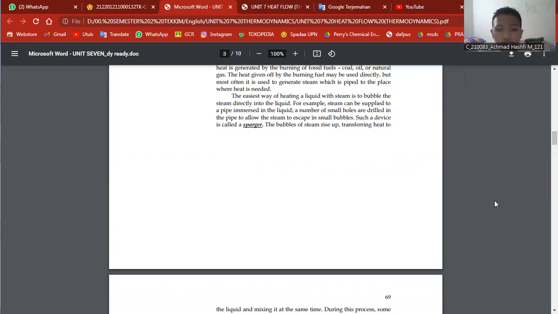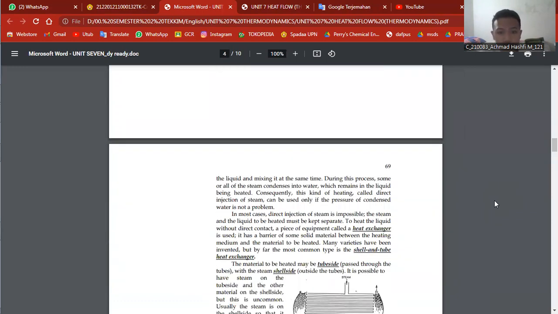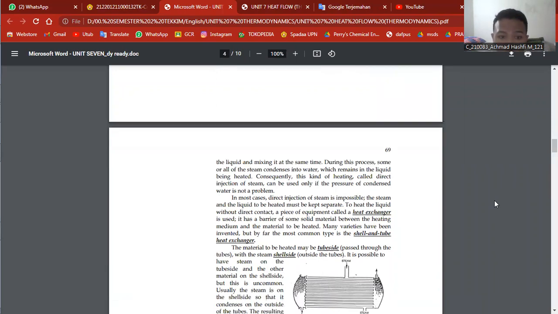The bubbles of steam rise up, transferring heat to the liquid and mixing it at the same time. During this process, some or all of the steam condenses into water, which remains in the liquid being heated. Consequently, this kind of heating, called direct injection of steam, can be used only if the presence of condensed water is not a problem.